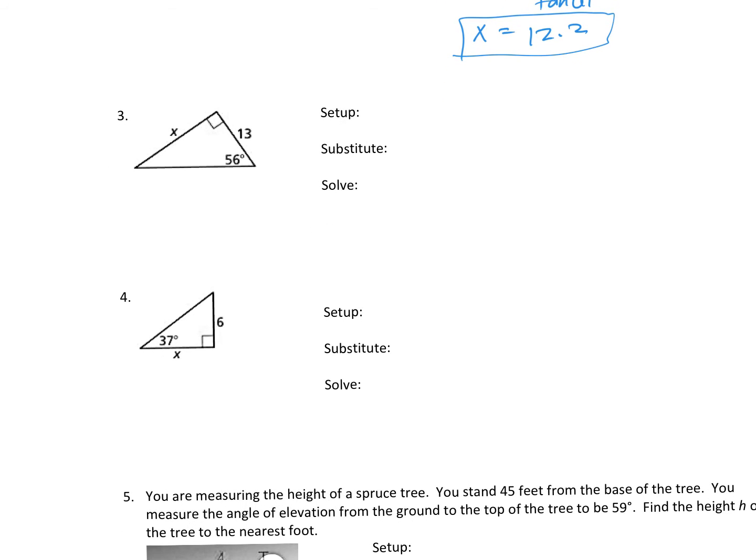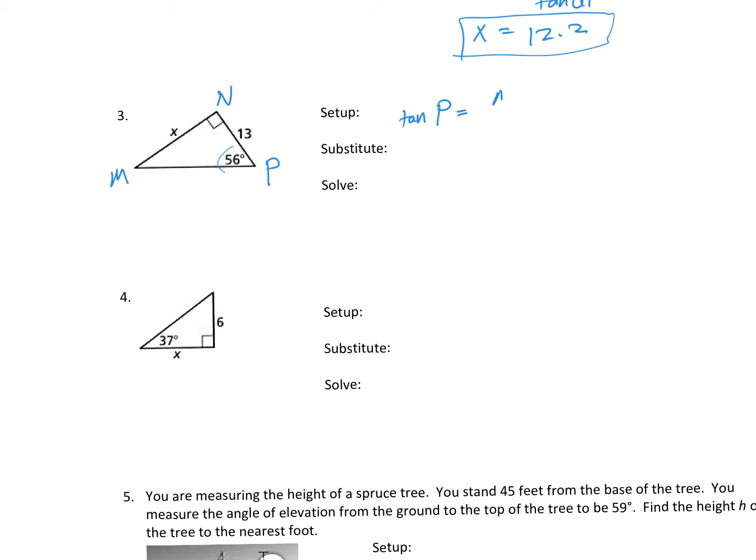Let's try another example. Number 3 here. Let's do a setup. This is our known angle, so let's try some other variables. So let's do M, N, P, MNP. So our angle P is what we have. So tangent of P must equal opposite.